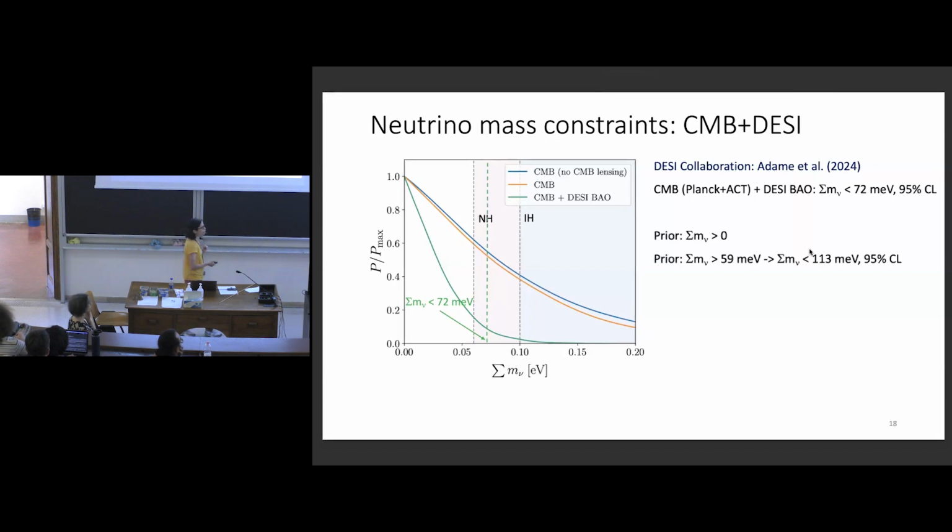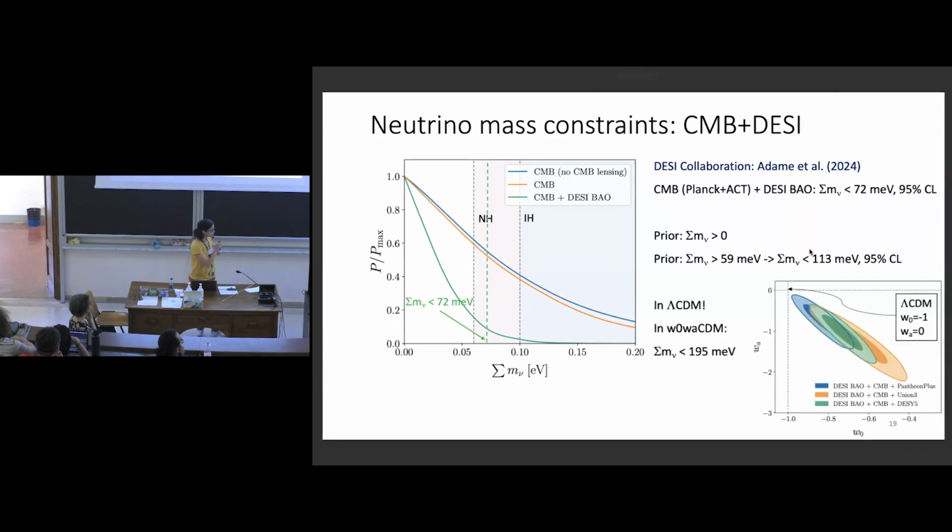First of all, this is obtained with a prior on the neutrino mass larger than 0. If instead you replace this prior with a prior motivated by the oscillations, then your bound is about 0.1 electron volt. So inverted ordering is not ruled out anymore. Then the other important point is that this combination of CMB plus DESI does not prefer lambda CDM.